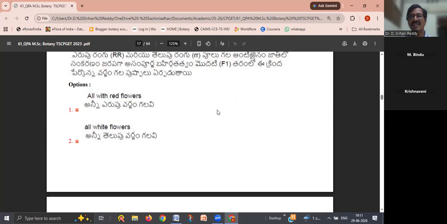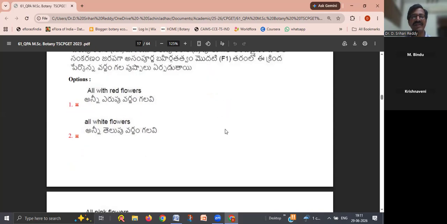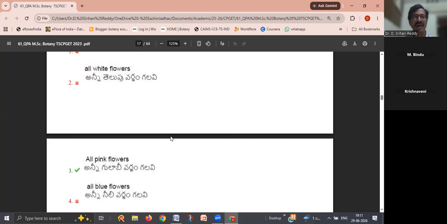So you see the answer. Then what is the phenotype of the F1 progeny in incomplete dominance? Incomplete dominance means all pink flowers, all the flowers are not either red or white. It shows the medium color.